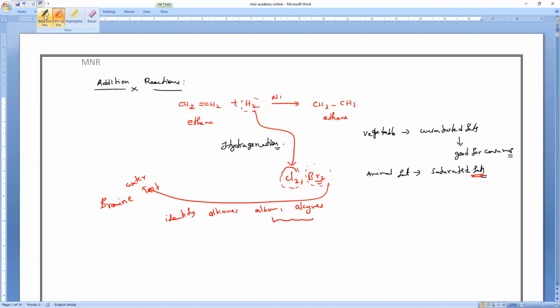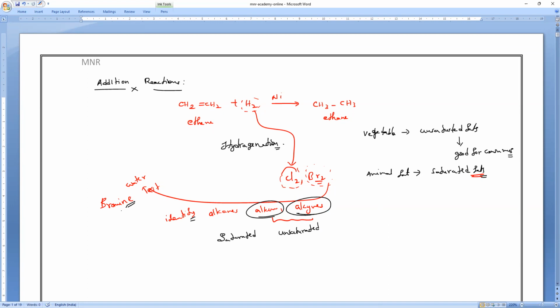Do you all understand? Both can be. That's why I can say simply, we can identify which is saturated and which is unsaturated. Unsaturated means it may be alkene or it may be alkyne also. So how can we identify?